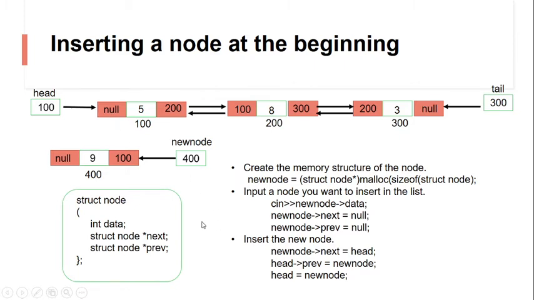So this null will now become 400. Also, this will be disconnected since it is no longer the first node. Head will now be pointing to our first node, which is 400.